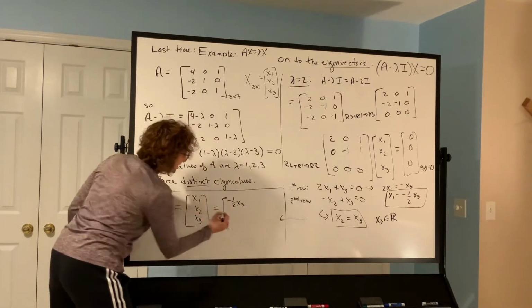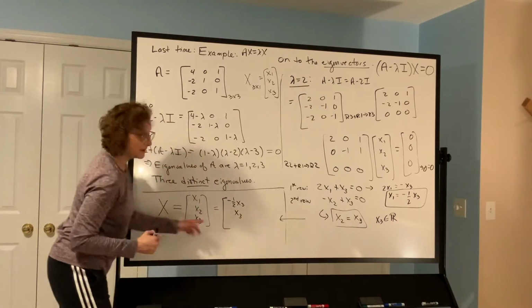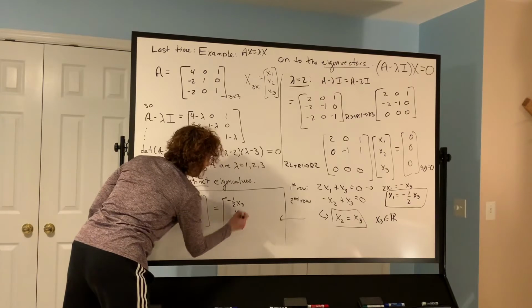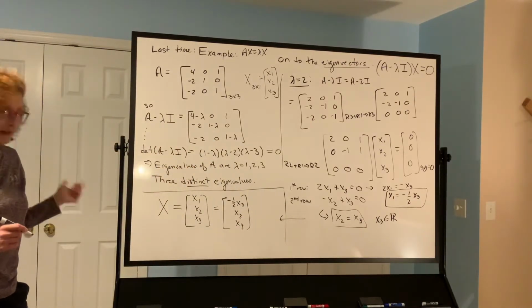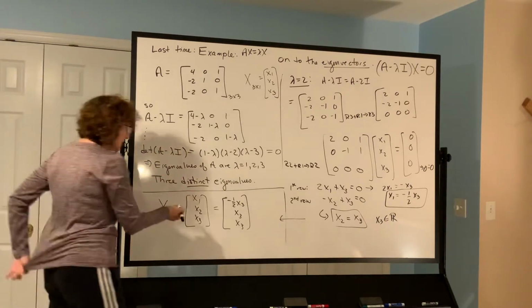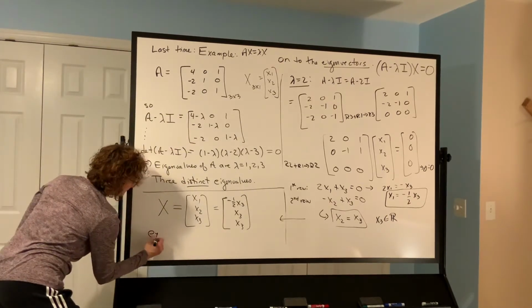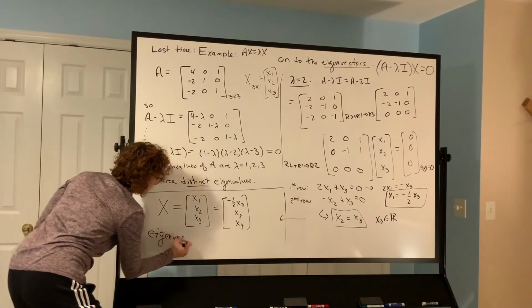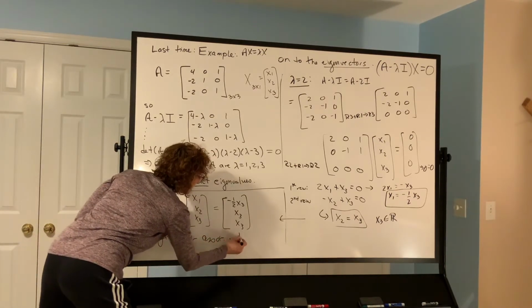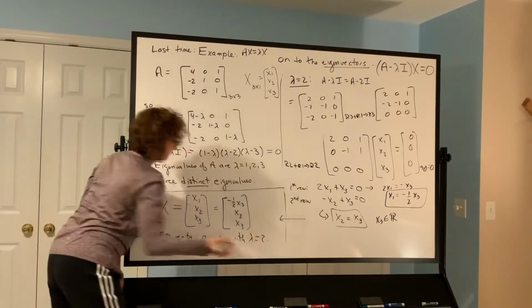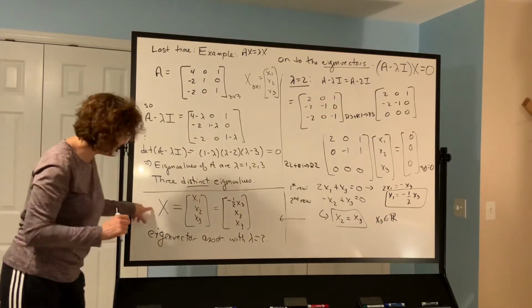What's x2? x2 is x3. What's x3? x3 is itself. So this is the eigenvector associated with lambda equals 2.